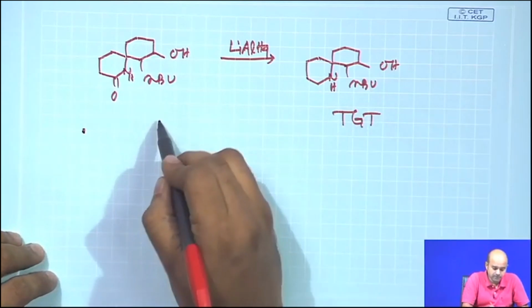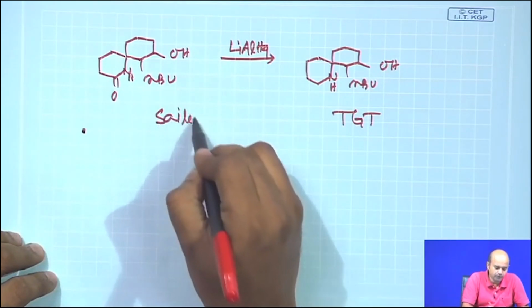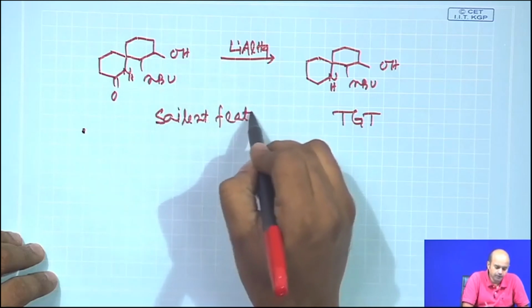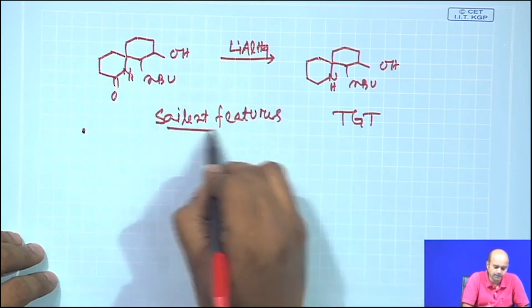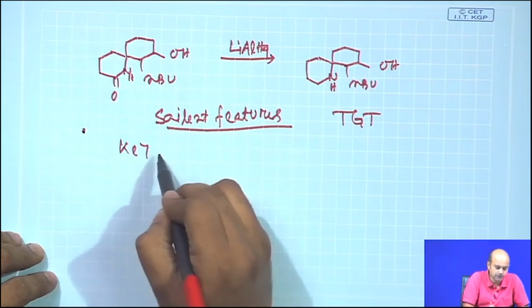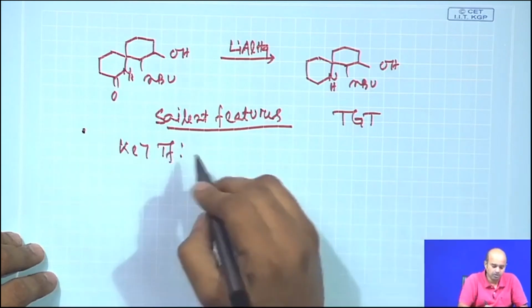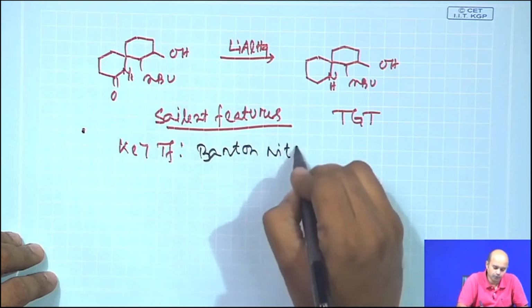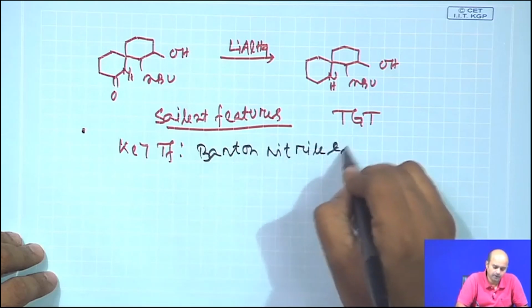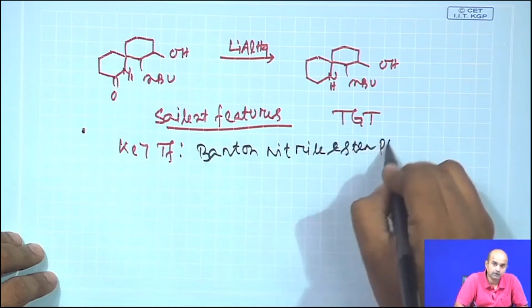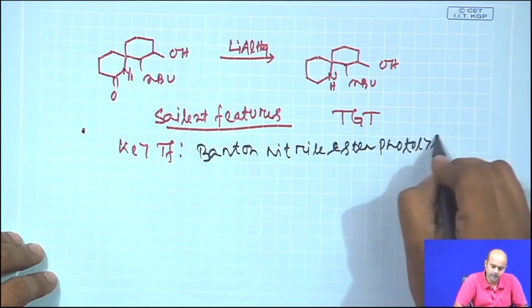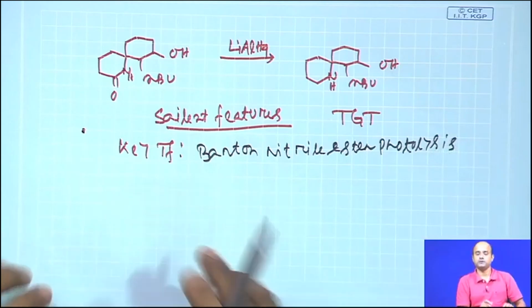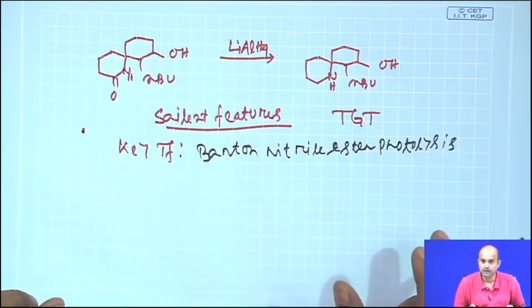So, the salient features of the whole synthesis: a couple of interesting reactions we talked about, but definitely the key transformation is the Barton nitrite ester photolysis. It is an absolutely brilliant reaction, that was the main key transformation, the remote delta C-H functionalization through a photochemical pathway.